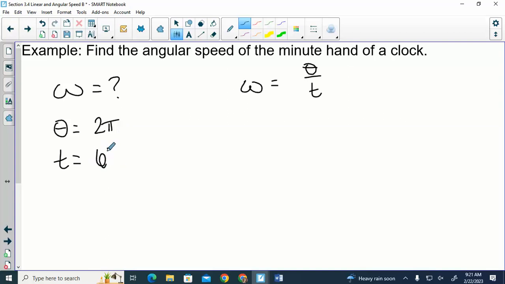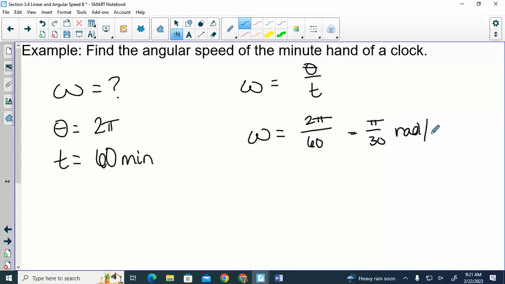You can use either. You just have to make sure you're labeling your final answer, because I did not tell you if it had to be radians per minute or radians per hour. So if we divide this, we get 2 pi divided by 60, so that would be pi over 30, and that was radians per minute.